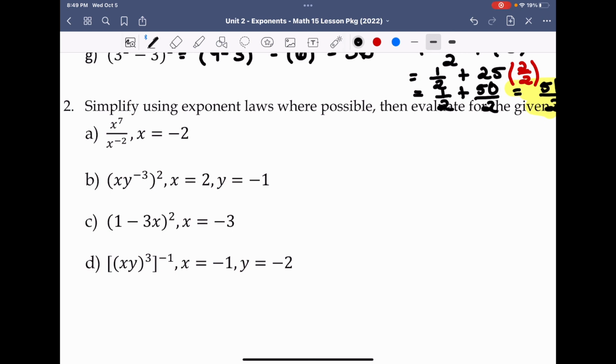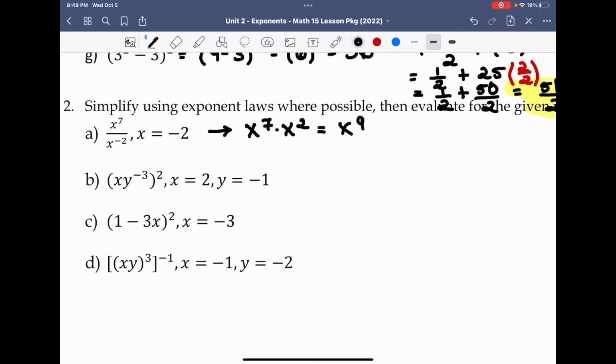Well, let's look at number 2A here. I could solve this in 2 ways. I could either apply quotient rule or move the negative exponent from the denominator. If I move the negative from the denominator, I have x to the 7 times x to the positive 2. By product rule, this is going to be x to the 9.